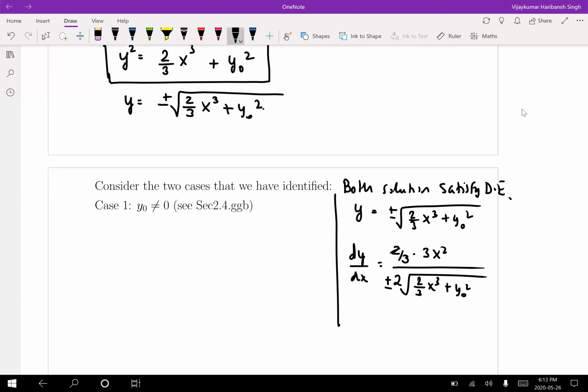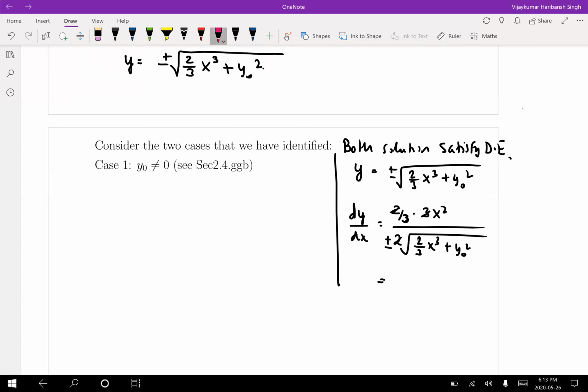So this 2 and this 2 will cancel, this 3 and this 3 will cancel. You're left with x squared upon plus or minus the square root of 2 by 3 x cubed plus y naught squared. So this is the same as x squared upon y. The sign depends on what original solution you chose. So you see both of them are solutions.